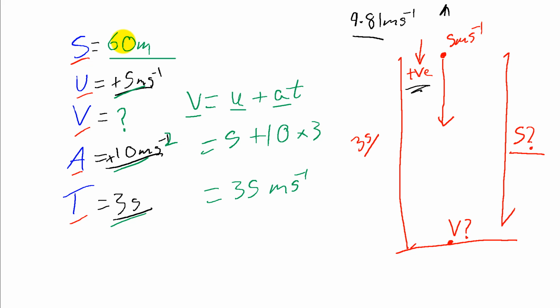So the s, in our first case, we knew we wanted to know s, so we marked that as the one we wanted to find. Didn't care about v, so we put a mark next to that, and the u, a and t we knew, so we filled that in, taking care with our signs. Once we've done that, we picked an equation, then we perhaps would have to rearrange it, substitute in, out comes your answer. Nice and simple.